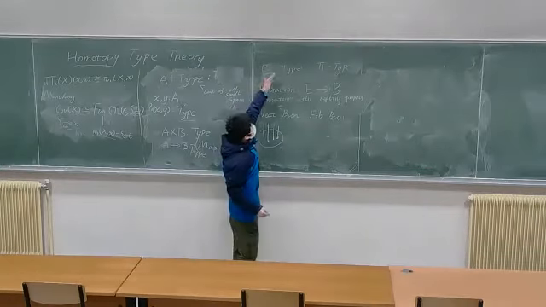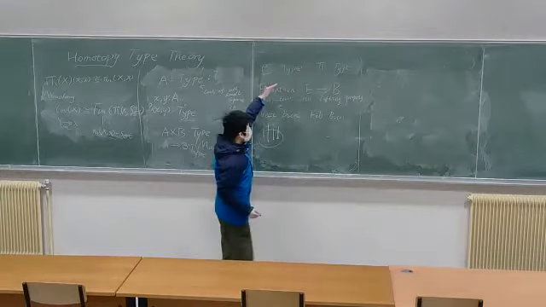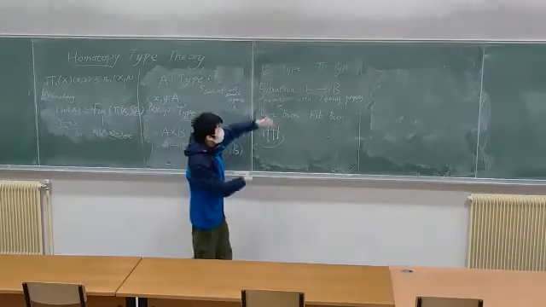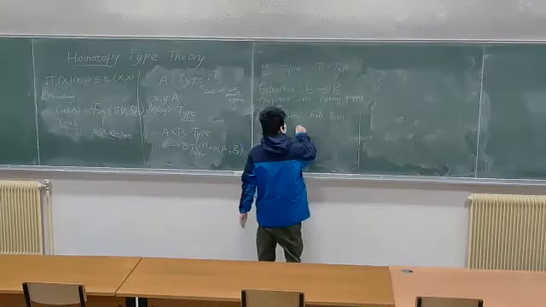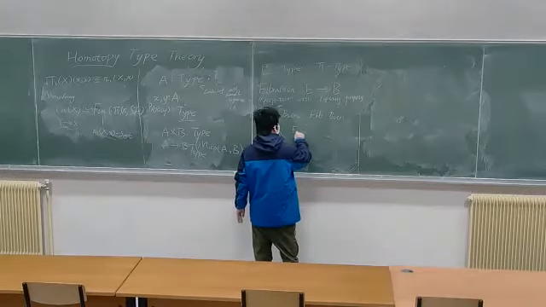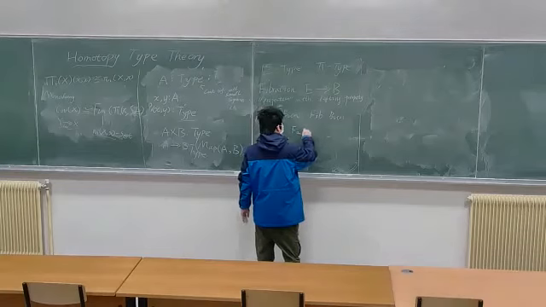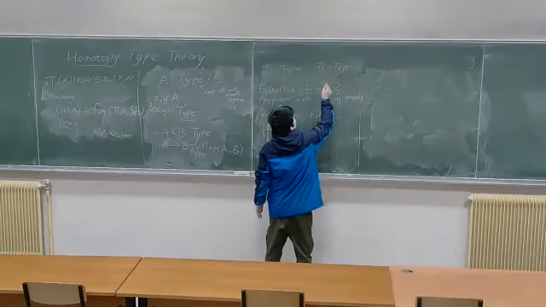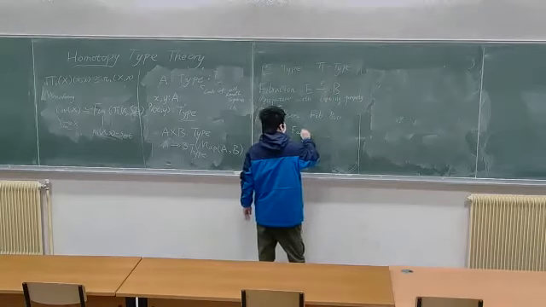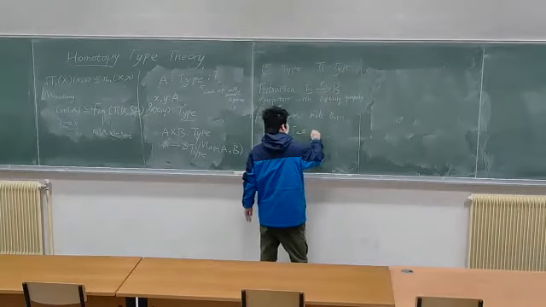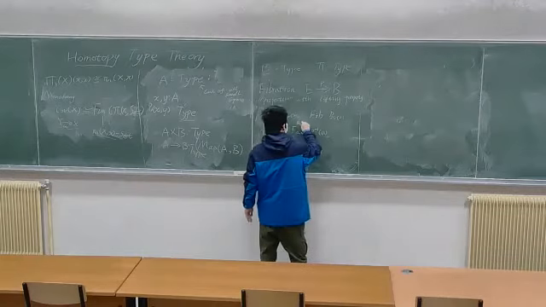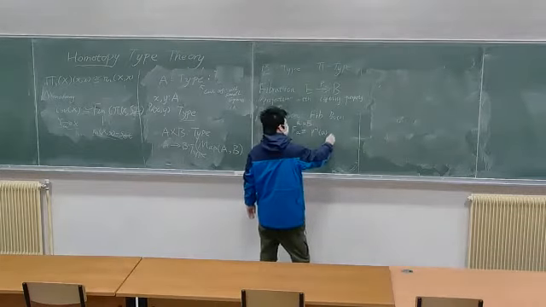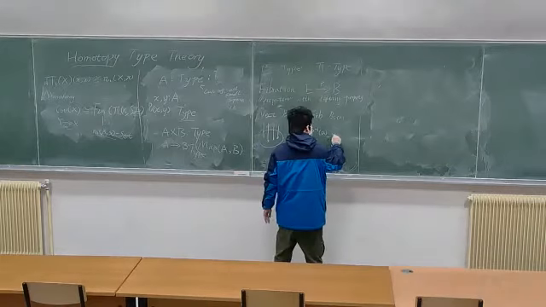The sigma type is another point of view for regarding this fibration. If we denote this fiber by A, we know this map P is the projection pi, and A of b is the fiber over the point b in B. So this is a space, right?